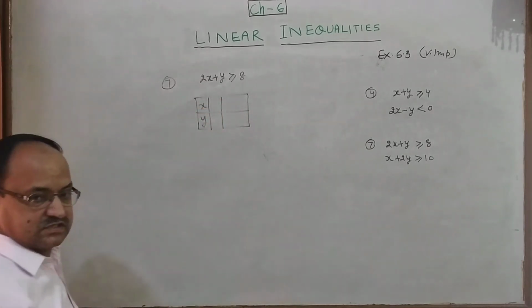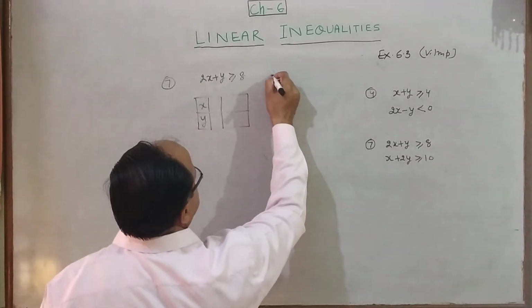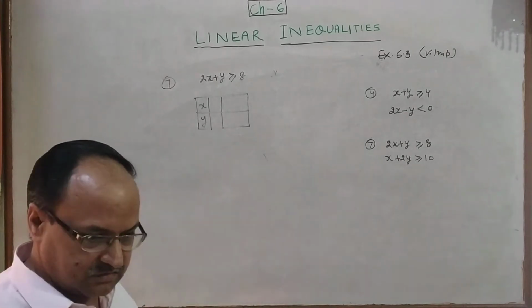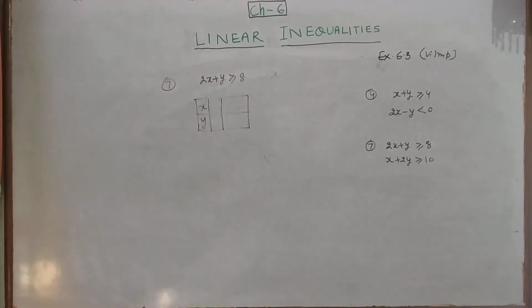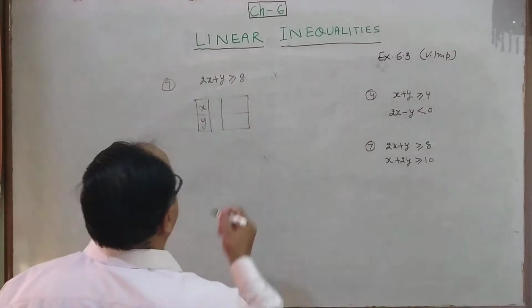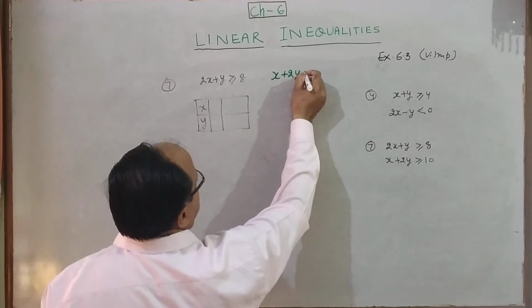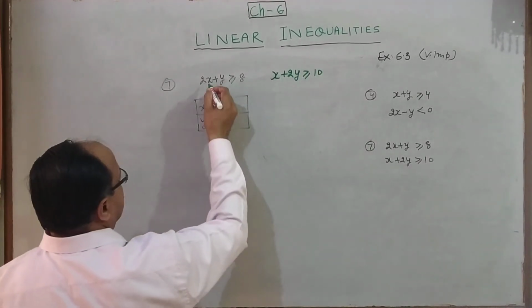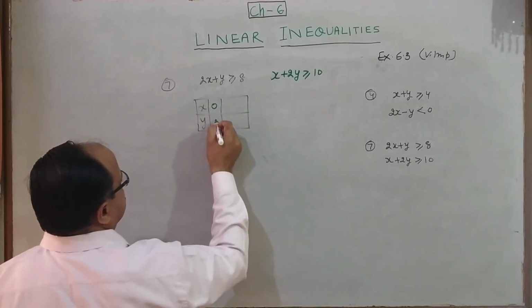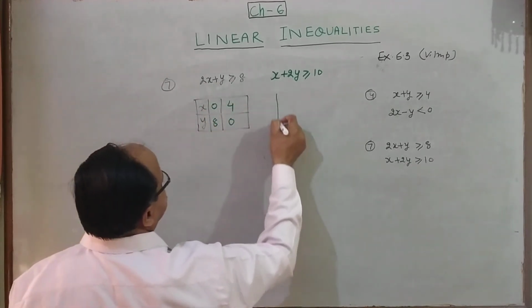Next, second equation: x plus 2y greater than or equal to 10. For the first equation, if x is equal to 0, then y is equal to 8. If y is equal to 0, then x is equal to 4.